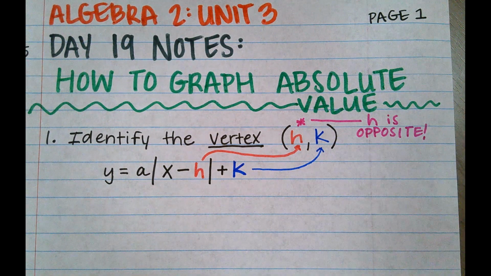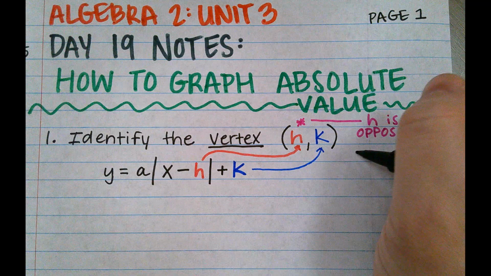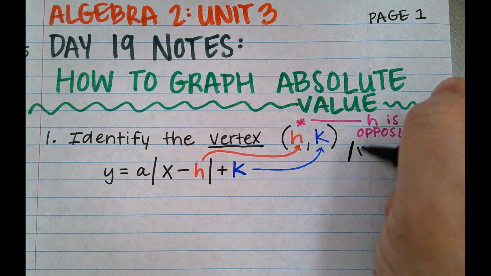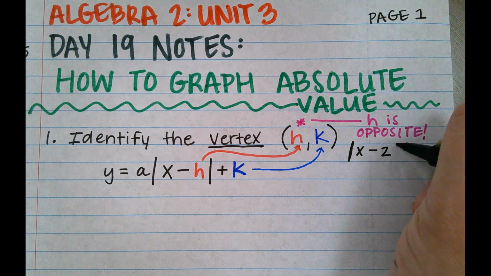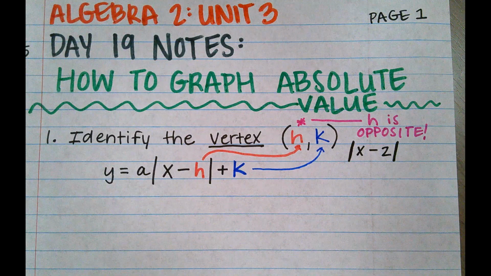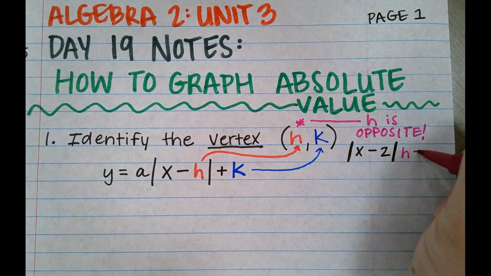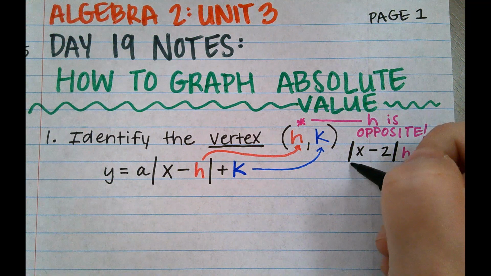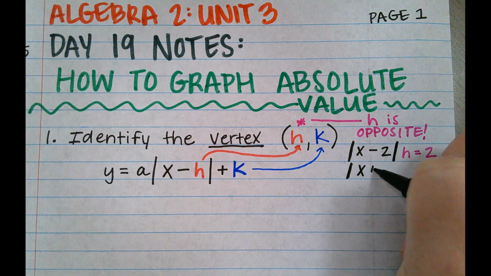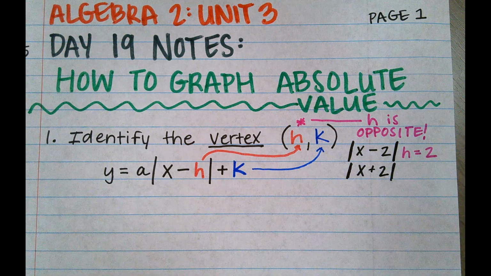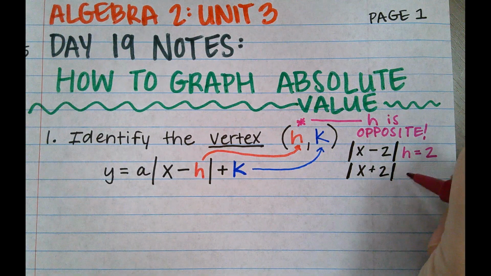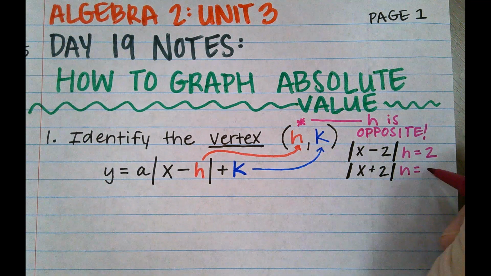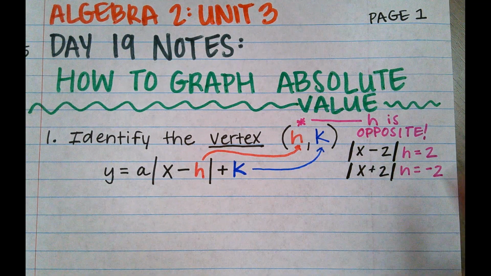For example, under here, if I have x minus 2, H would be positive 2. If I had x plus 2, what would H be? Negative 2. So keep a little example to the side to help you remember, if you find that helpful.